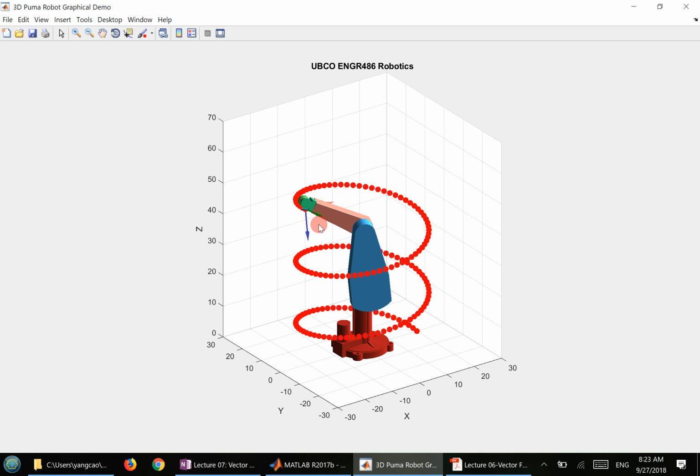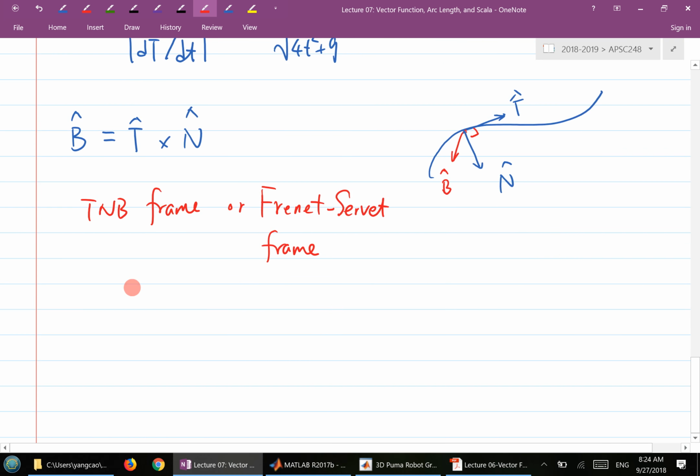Now in this application, one of the crucial steps is first to write down the helical curve equation. Let's say, I don't know what it is, but for example, maybe this is our helix curve. Then the next step is you have to calculate what is the t hat, what is the n hat, and what is the b hat.